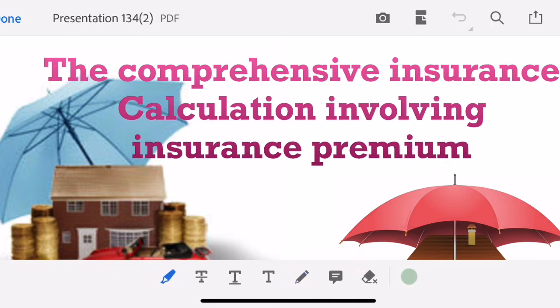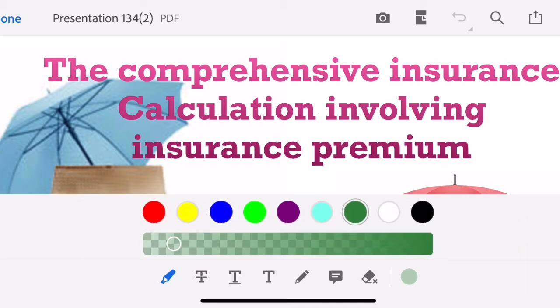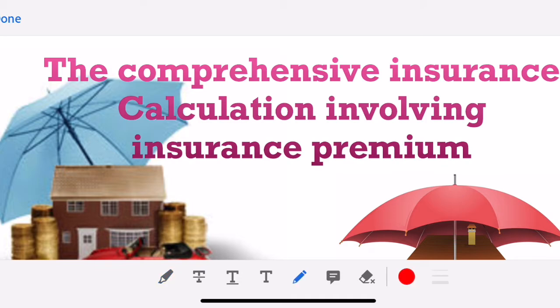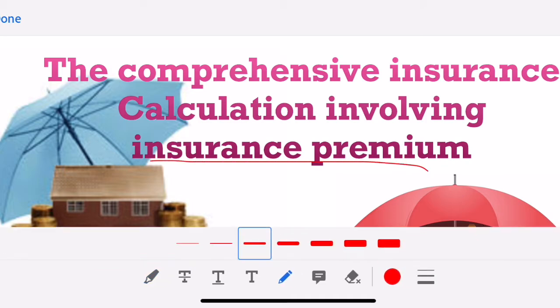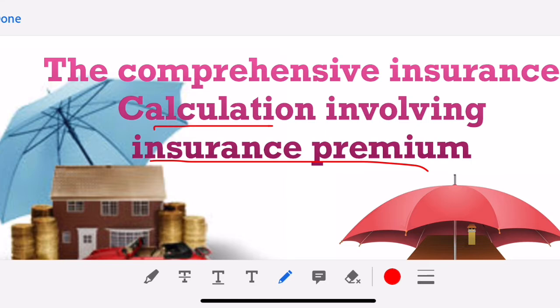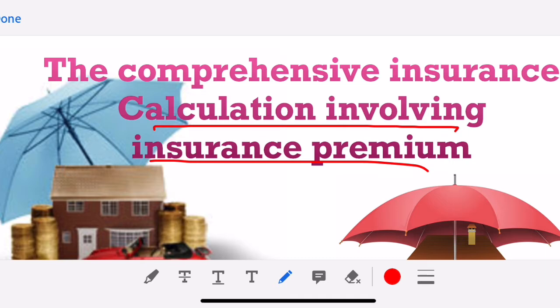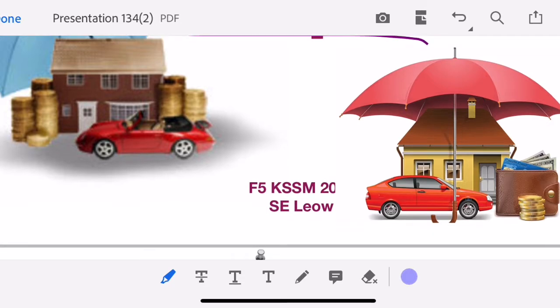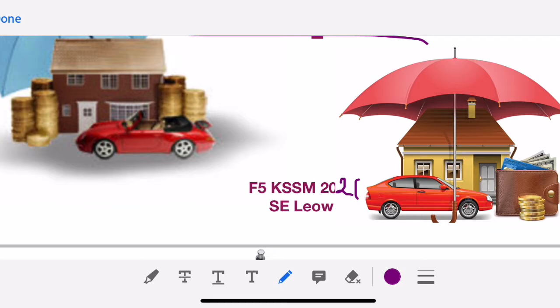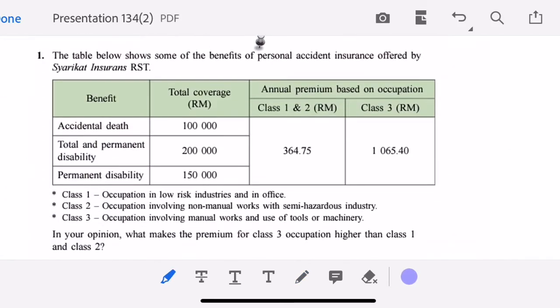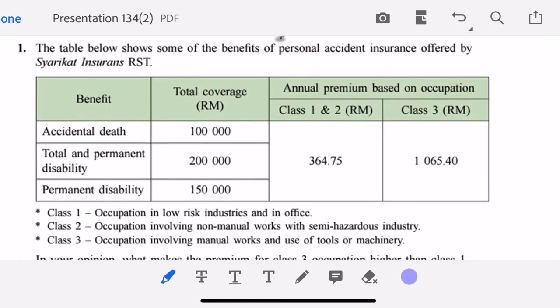So for today's lesson, I will continue discussing the calculation involving insurance, right? I think in my previous video, I did share with you how to do calculation for life insurance. Today I would like to continue sharing how to do calculation for the insurance premium.